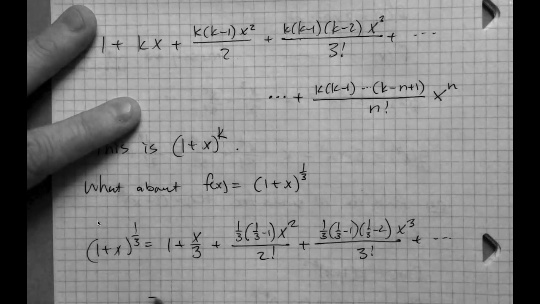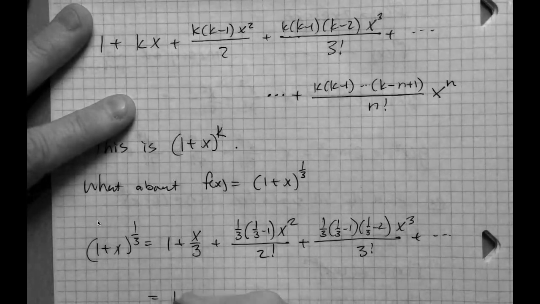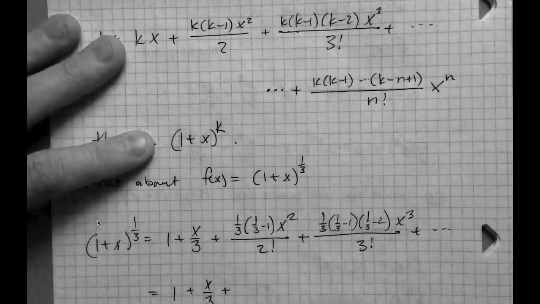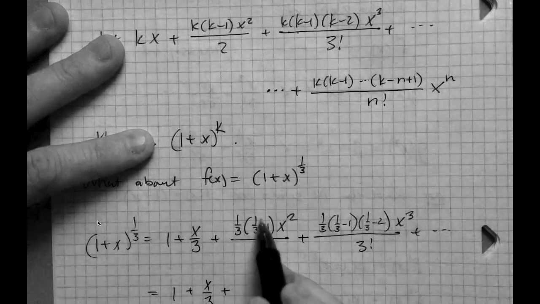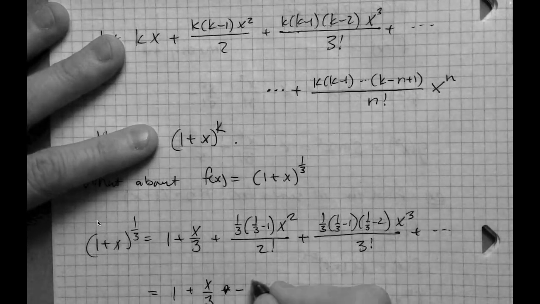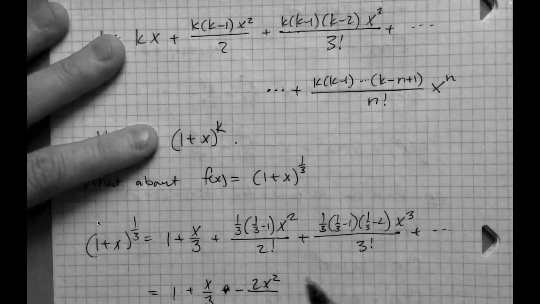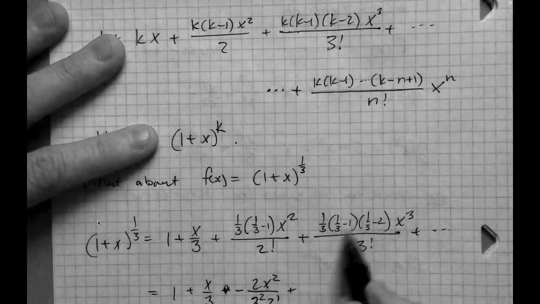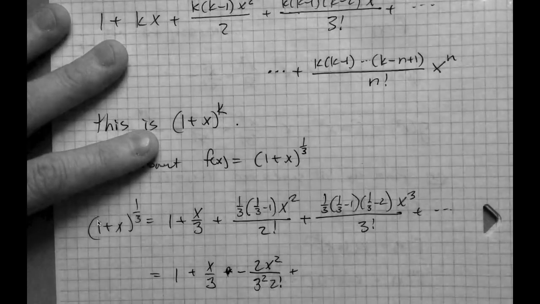And so you could work this out to be 1 plus x over 3, and then you would end up with something like, I think this would be negative because that'd be negative 2/3. So it'd be minus 2x squared over 3 squared times 2 factorial, and then this one should be plus. You'd have two minuses there, so it'd be plus.